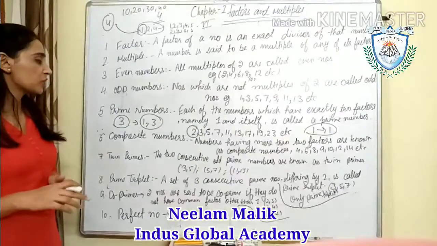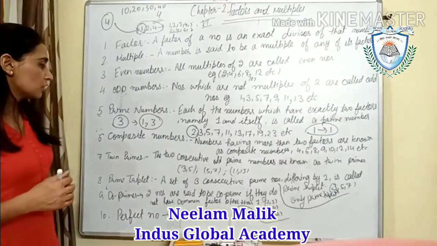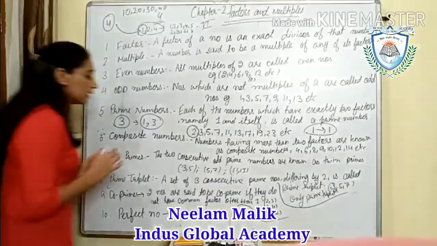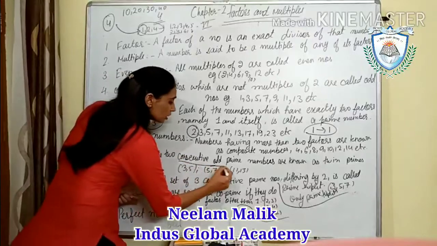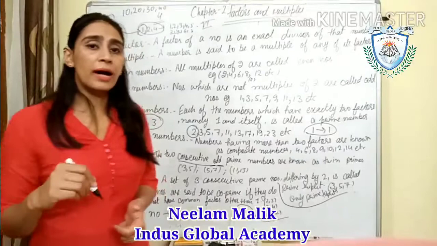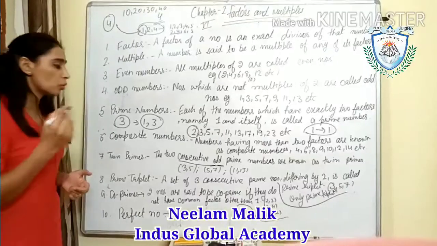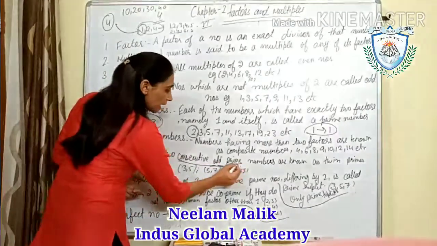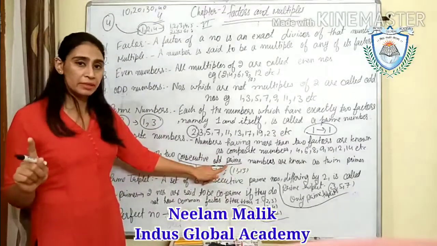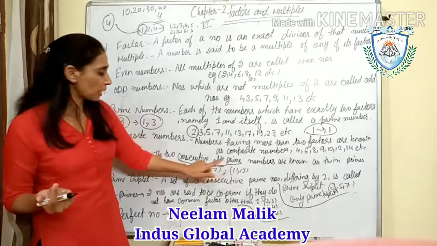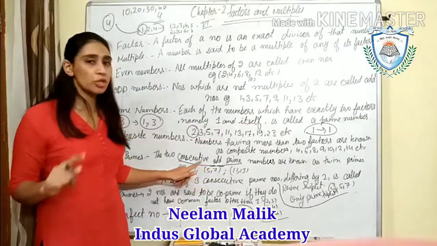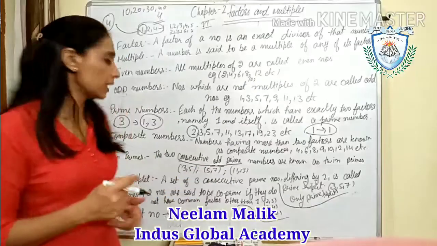Consecutive means continuous, but odd, like 1, 3, 5. We are talking about odd, consecutive and prime, 3 things. From the prime, it's clear 1 will not come in this, because 1 is not a prime. Odd means 2 will not come in this. Consecutive means we have to take only odds.